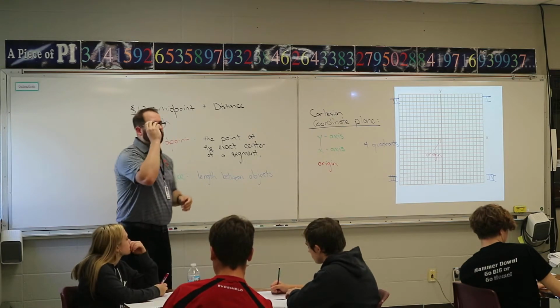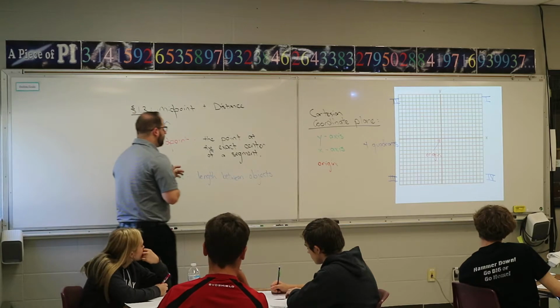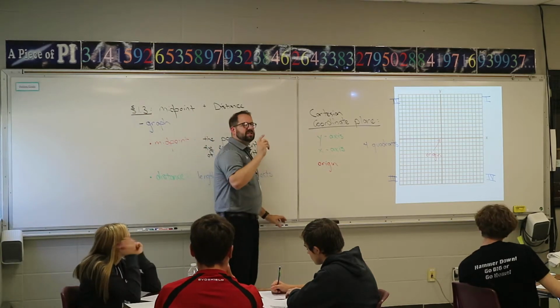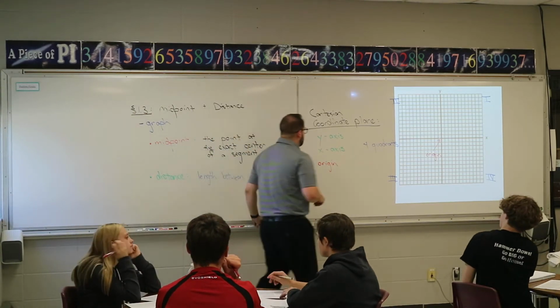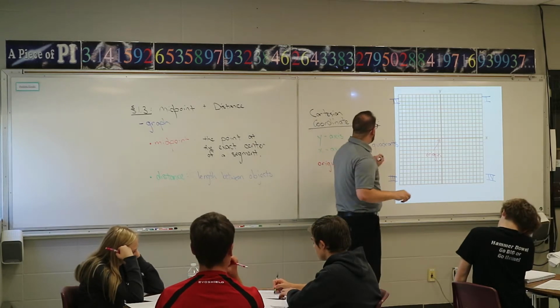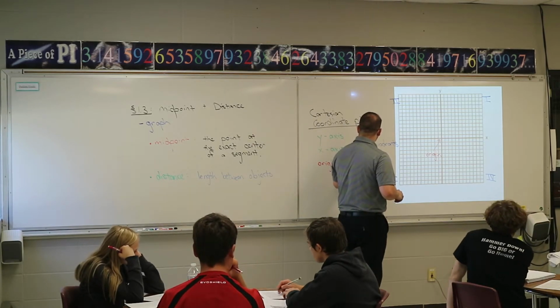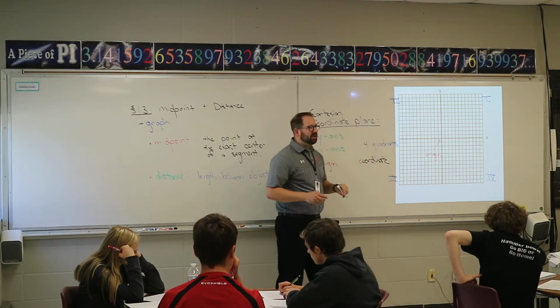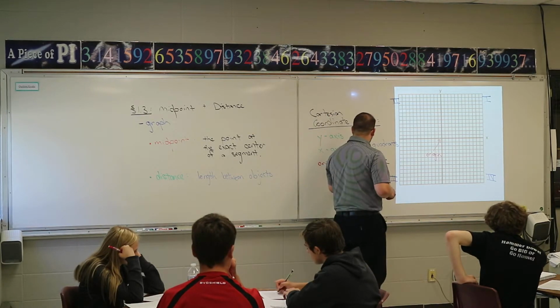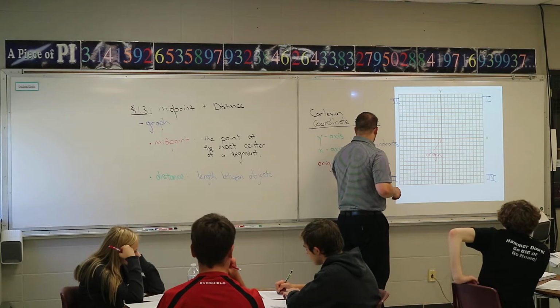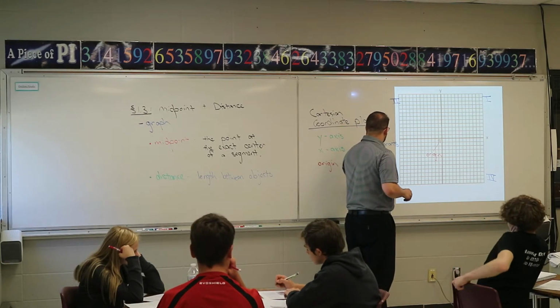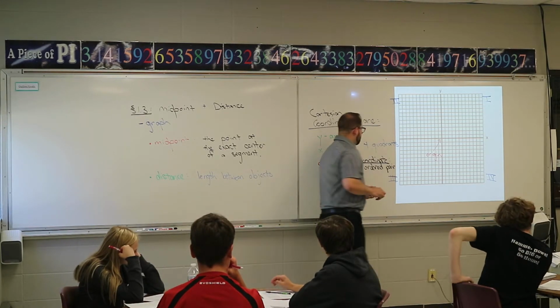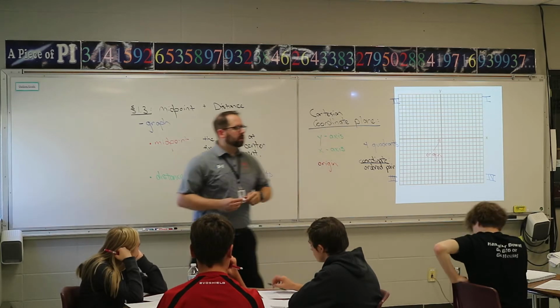Okay, so to get to any spot on this graph, you have to know a simple item. You have to know a coordinate. Another name for a coordinate is called an ordered pair. That's another word for it. Why do they call them ordered pairs?